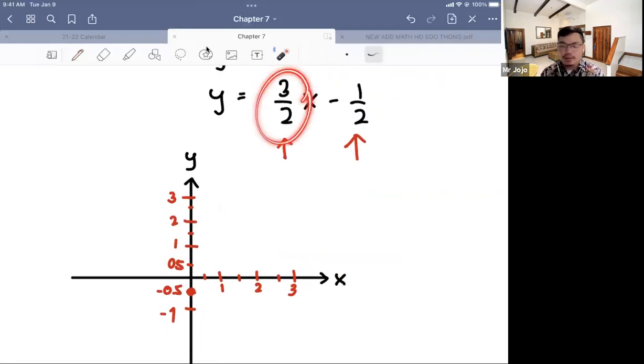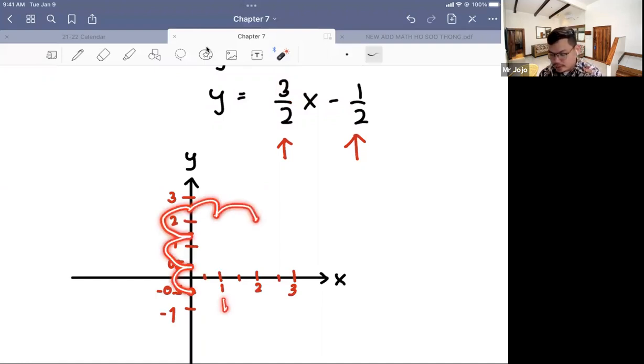So again, this is our gradient. The number on top tells you that you need to move 3 steps up. So from here, 1, 2, 3. So we are now at 2.5. And then how many steps to the right? That is simply 1, so 1 unit here, and then 2.